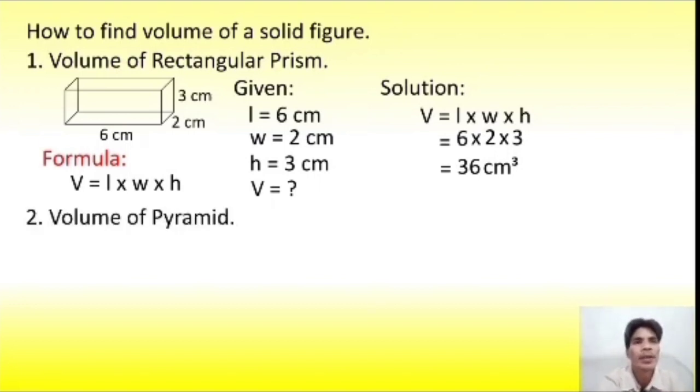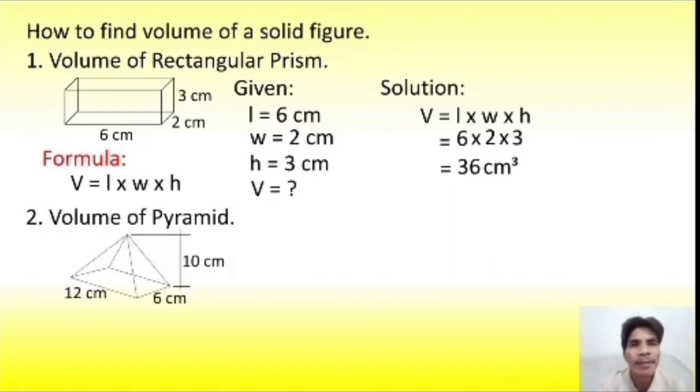So, number 2, volume of pyramid. So, example, the length of the base is 12 cm, and the width of the base is 6 cm, and the height of the pyramid is 10 cm.